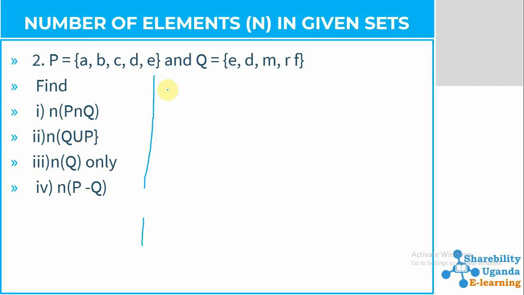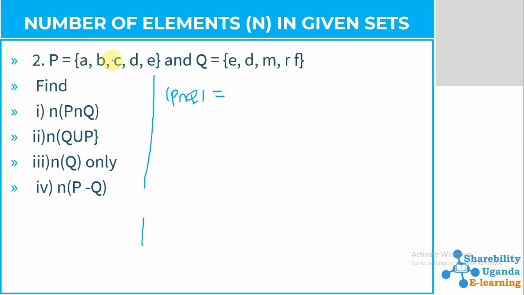If you want to get the number of P intersection Q, we have to first find out the numbers here. The P intersection Q are the numbers that appear in both sets. So let's identify them one by one. We have our A. Do we have it in Q?